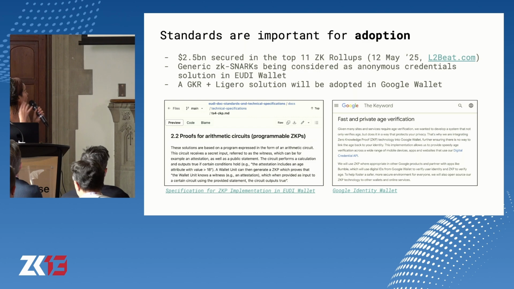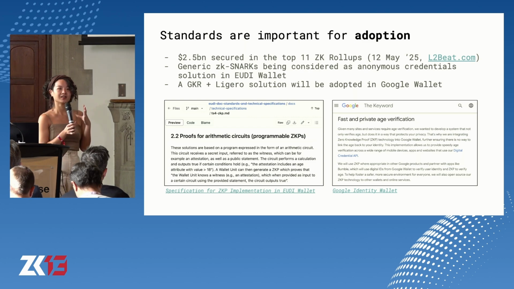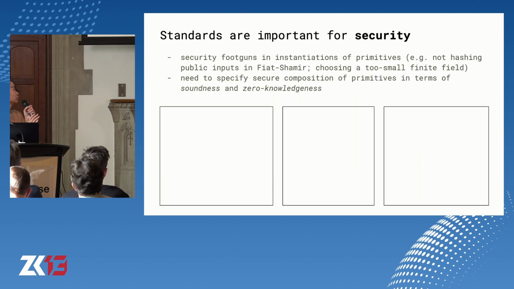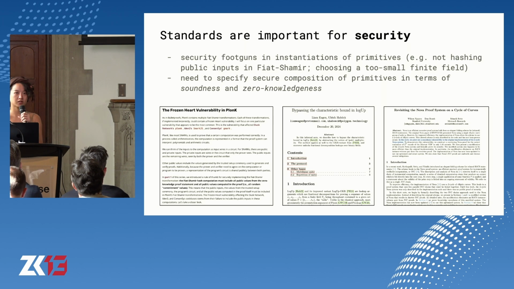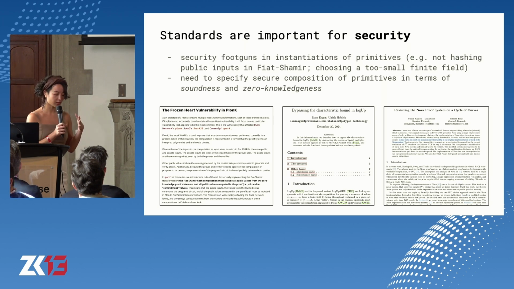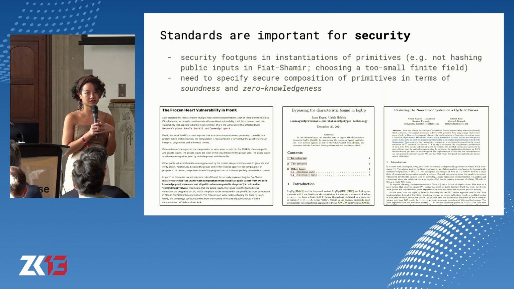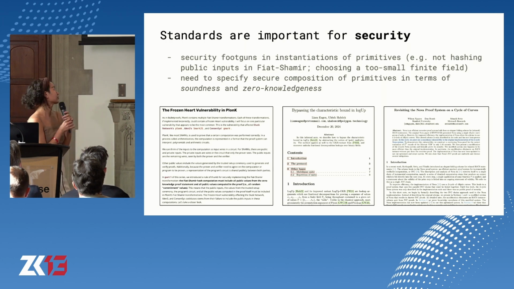So yeah, if you were looking for the deployment of ZK snarks at scale, it is happening now. And we need the standard to match. We need a standard also to put in safeguards so that instantiations of these protocols are secure. So, for example, there's been any number of insecure Fiat Shamir instantiations.